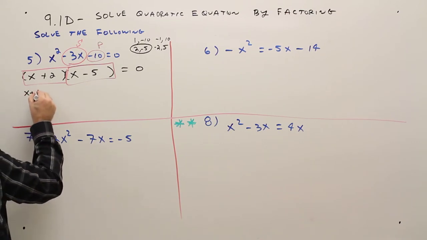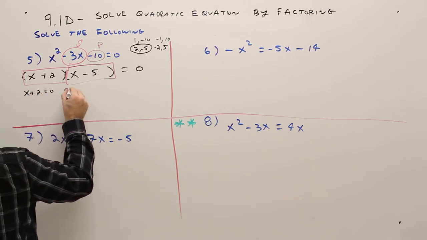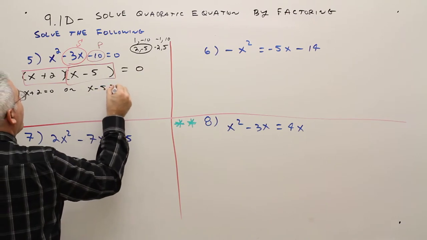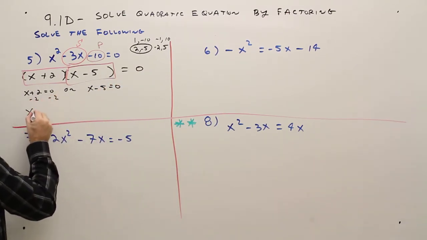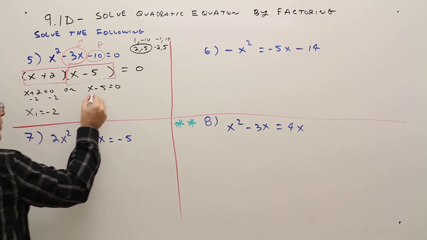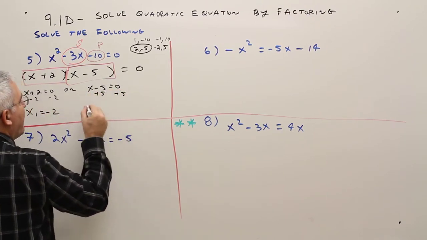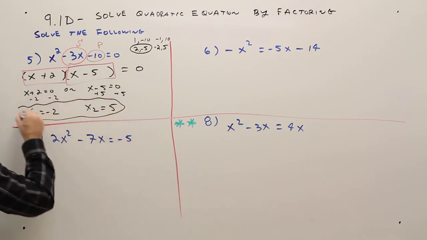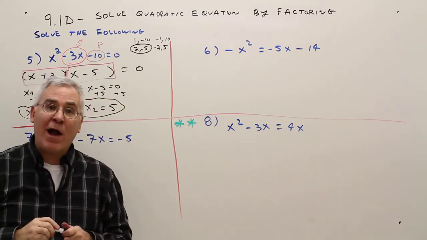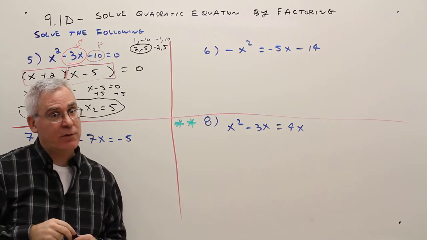So x plus 2 equals 0, or x minus 5 equals 0. So x sub 1 equals minus 2, x sub 2 equals 5. Once again, all quadratics have two solutions.